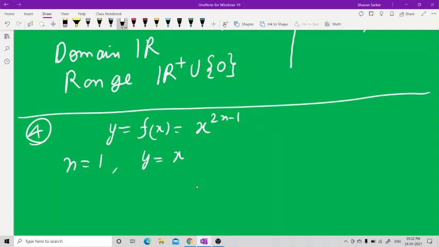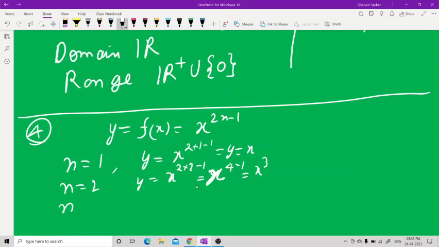When n equal to 2, 2 into 2 minus 1, y equal to x cube, that is the cube type of graph. And when n equal to 3, you have y equal to x to the power of 6 minus 1, that is x to the power of 5, and so on and so forth.